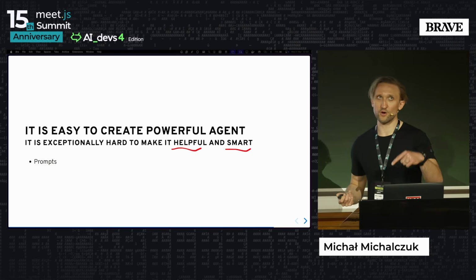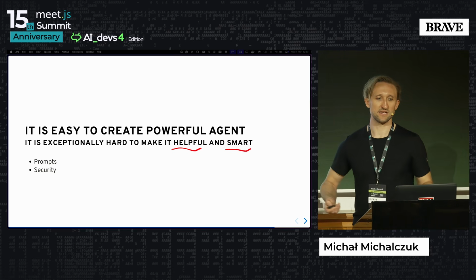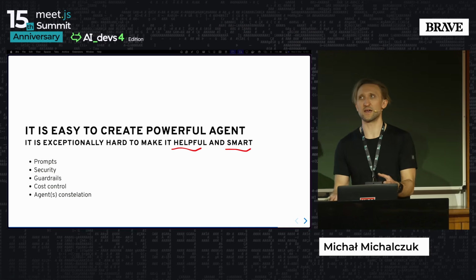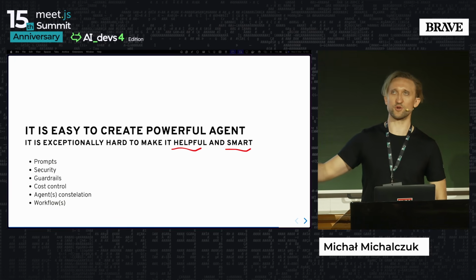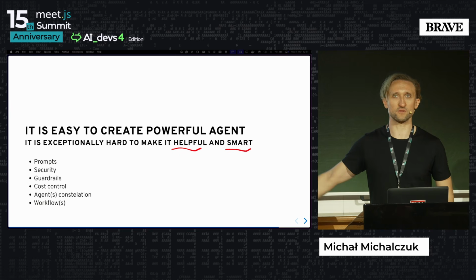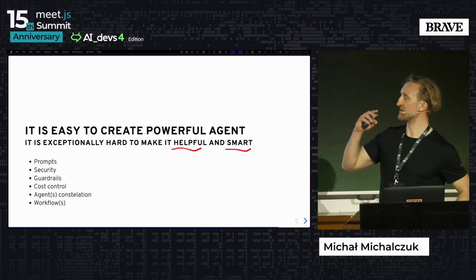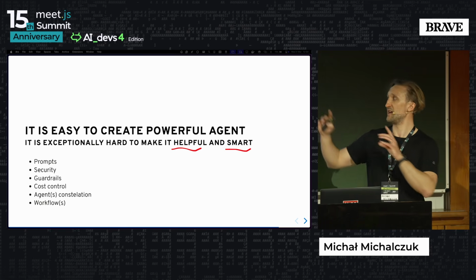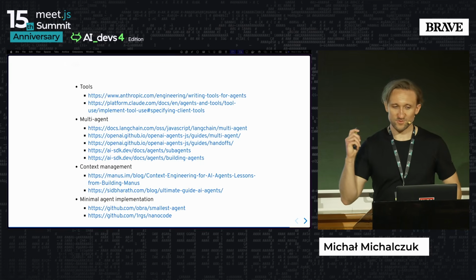Like the whole prompting for the tools and for the main agent and the sub-agents, the security, guardrails, cost controls, and how the agents communicate with each other, and the workflows or tasks that are the common tasks for the agent. This is something that is actually heavy lifting. Building the agent is easy. Heavy lifting lives here.